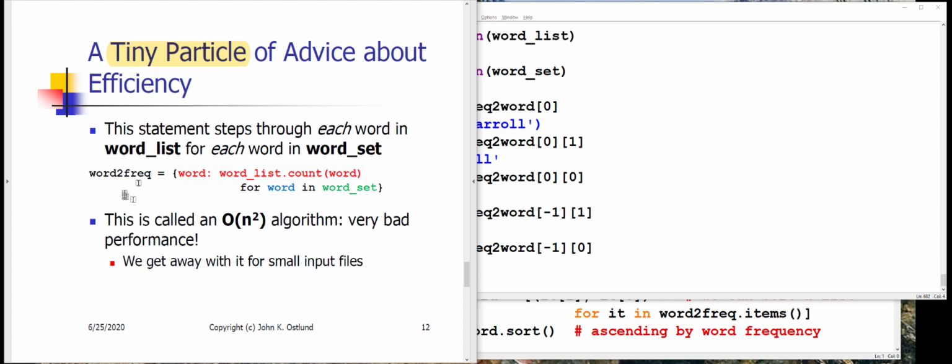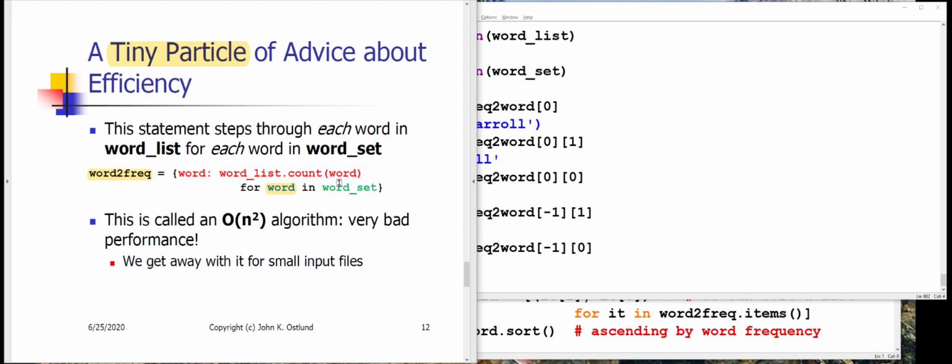And in this statement, where we're creating our word to frequency dictionary, what we've said is, for each word in the set of unique words, let us count in our word list the number of times that word occurs.